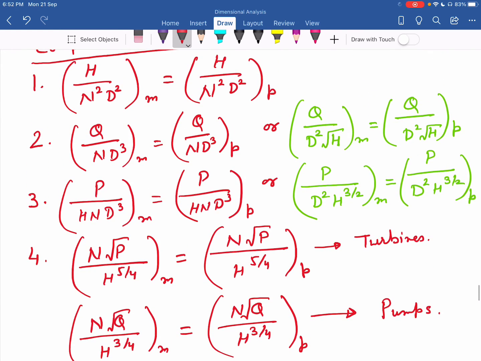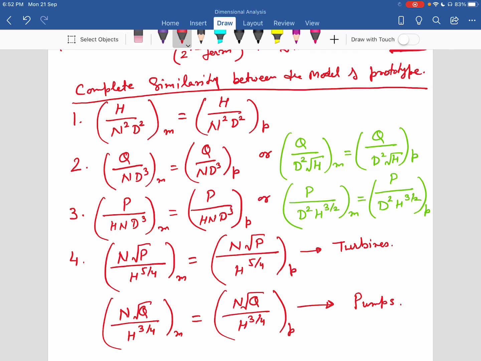So now you can see in case of turbines, I can use equation number 1, equation number 2, 3, and equation number 4. For turbines I can use this equation, or this and this. Instead of 3, I can also use this one.